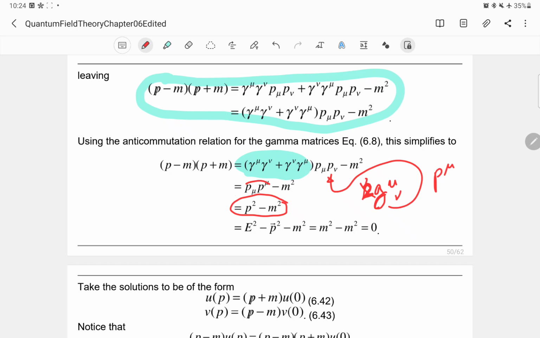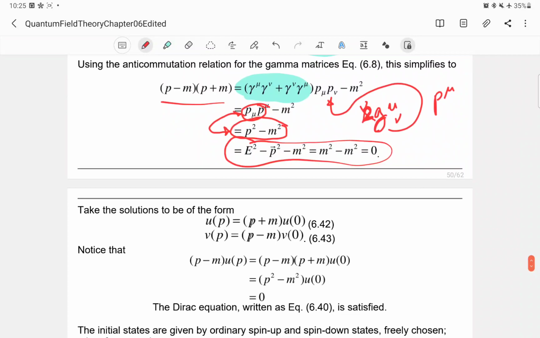This one is just the inner product of p mu, and so you will have this one. So the product is equal to 0, but then again it is expected because of the Dirac equation. So these are the solutions for free space.